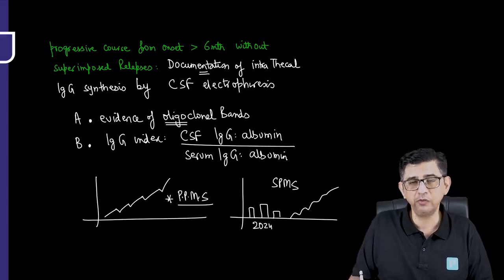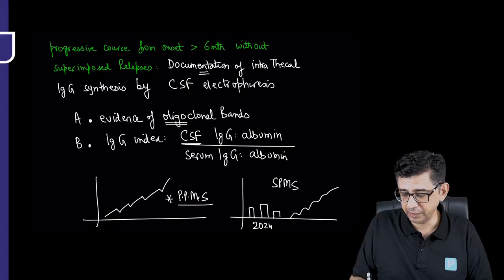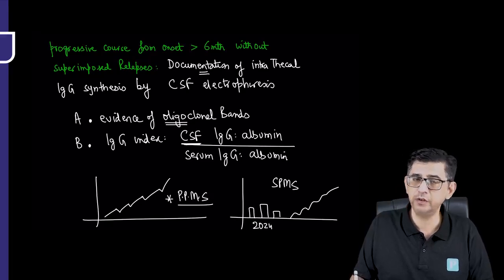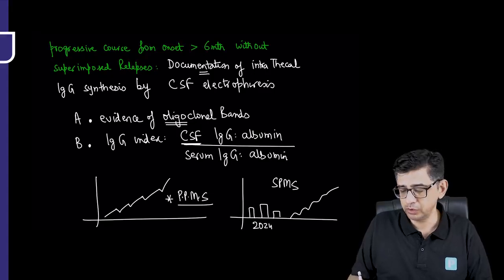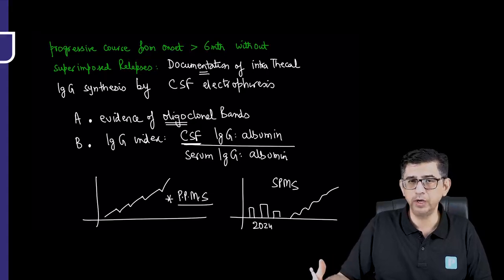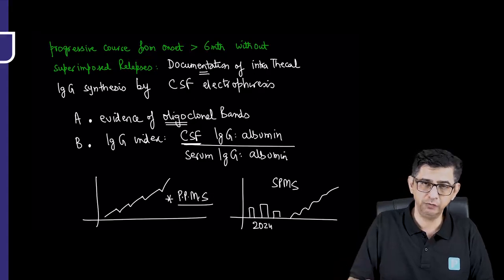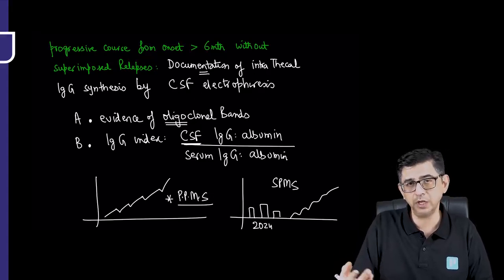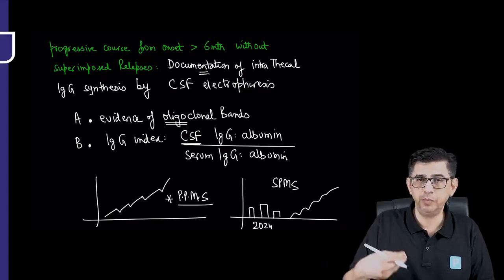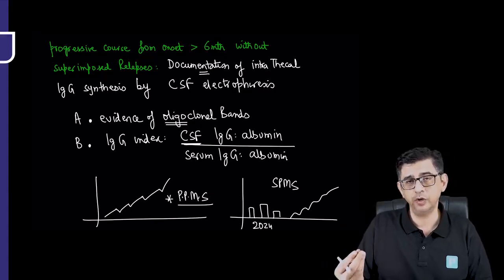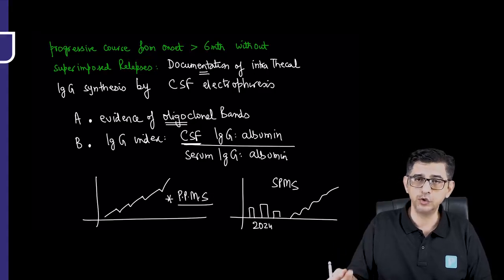And then we also calculate what is called the CSF immunoglobulin G index. In this, in the CSF of the patient, we'll take into consideration the values of IgG divided by albumin, and then in the blood also we'll take IgG versus albumin. We basically want to prove that the numerator amount will be more than the denominator. That is because in this condition, we can have antibodies coming from the blood into the CNS, but primarily in this disorder, there is going to be intrathecal local synthesis of antibodies.